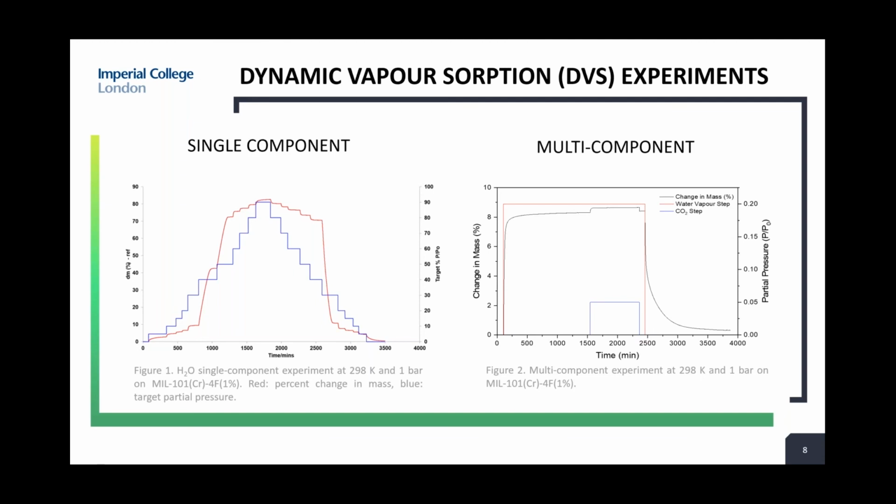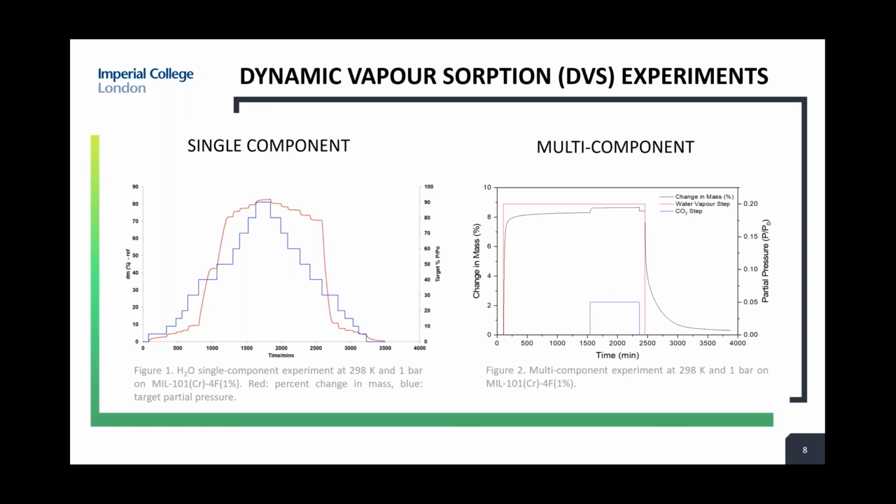Then for the multi-component experiments, or the coadsorption experiments, which is very similar to what Elwin did, it's only that he did it on the high throughput machine, so in the Endeavour. We used the dual vapor mode of the DVS Resolution, and after activating the samples, they were exposed to a selected range of partial pressures of water vapor to simulate the flue gas composition.